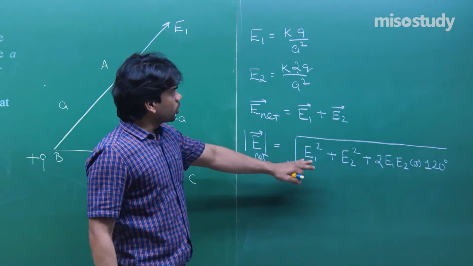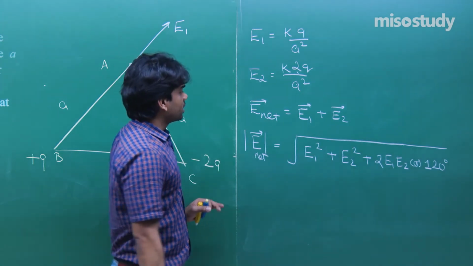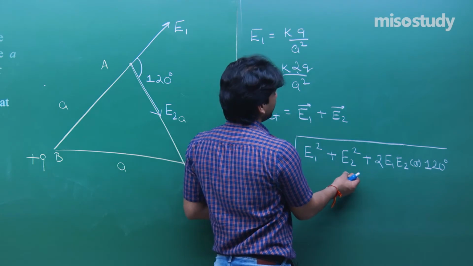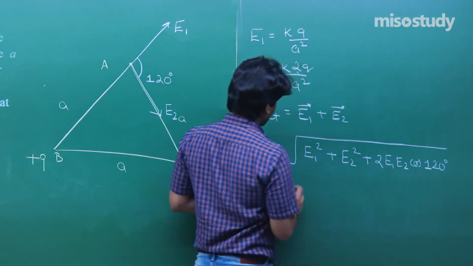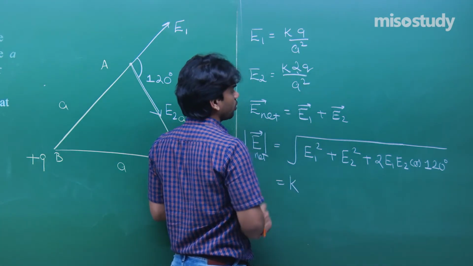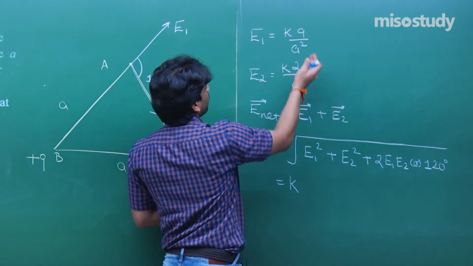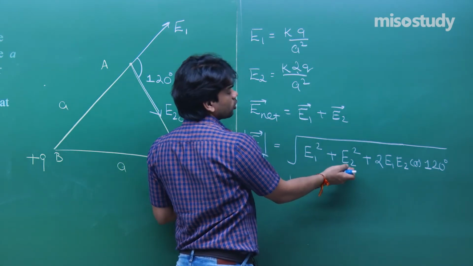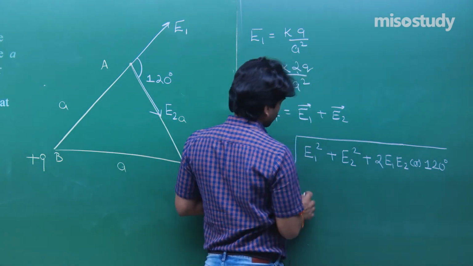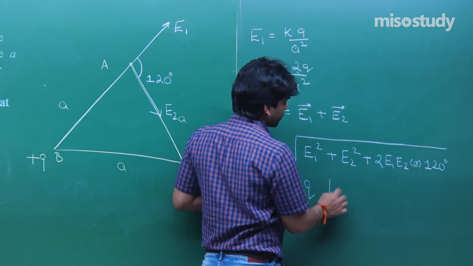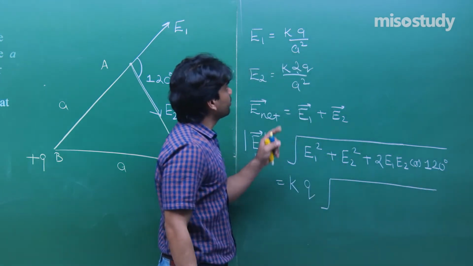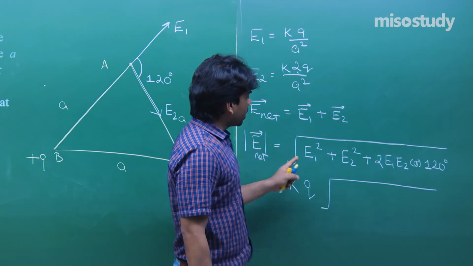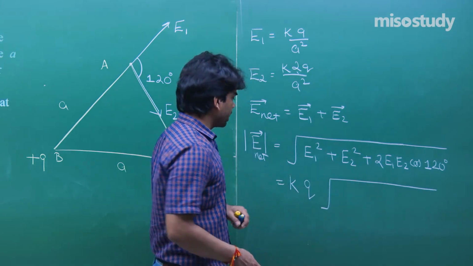Now simply put in the values. First of all, k square, and from here also k square, so k I can take outside, not a problem. Then q square, and here also 2q square, so q into 2q, so q square I can write here. Now inside you see we are having a square, so a square is also common, you can take outside.